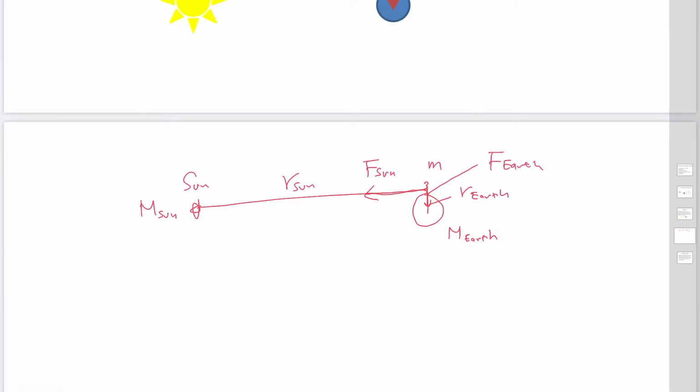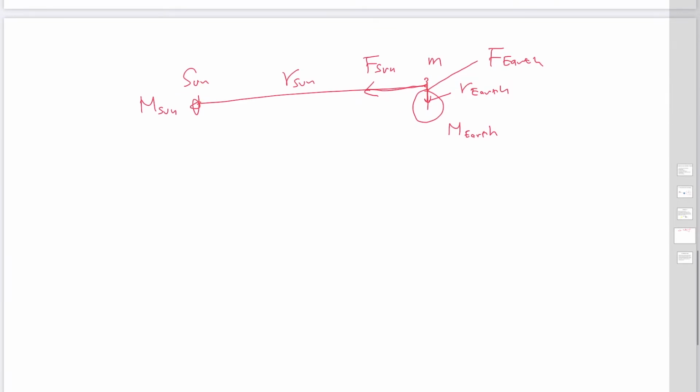Then F sub sun is expressed as gravitational constant, mass of your body, mass of the sun over r sub sun squared.